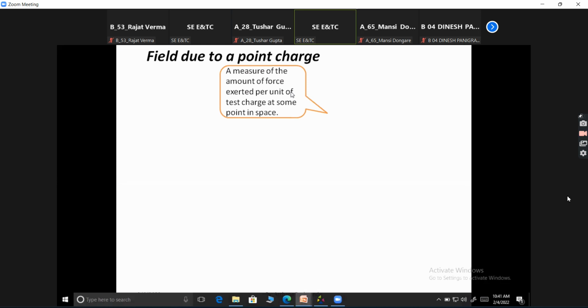A measure of the amount of force exerted per unit test charge at some point in space is nothing but your field intensity, electric field intensity. Okay, and in a similar way you have to define magnetic field intensity also.